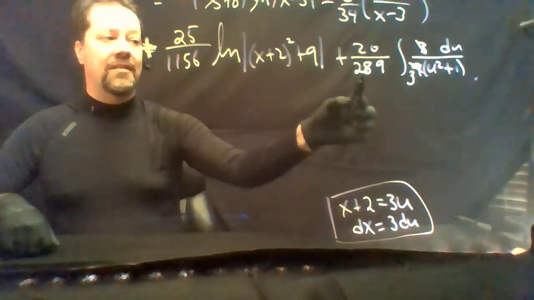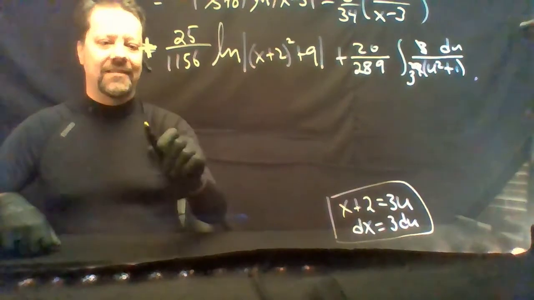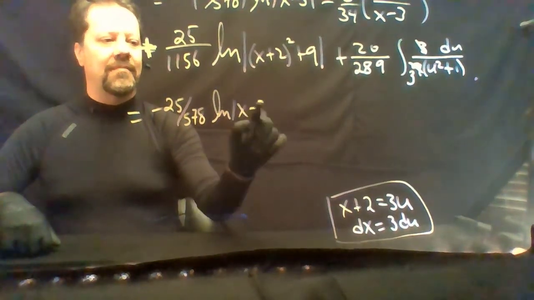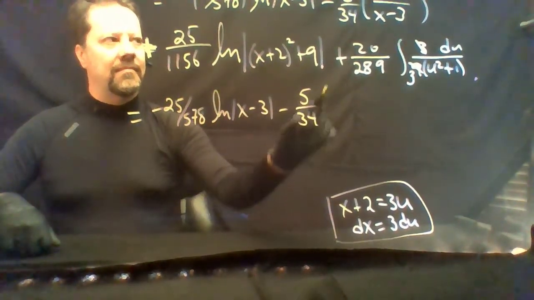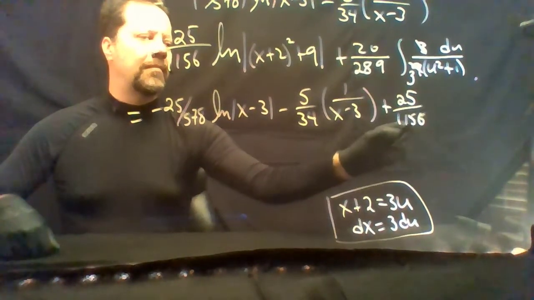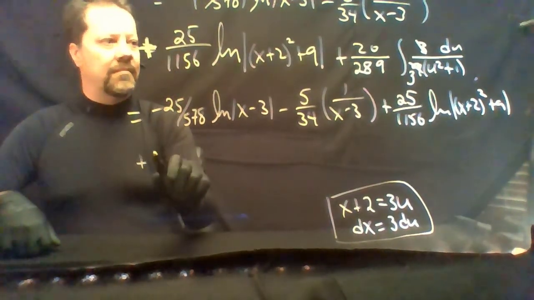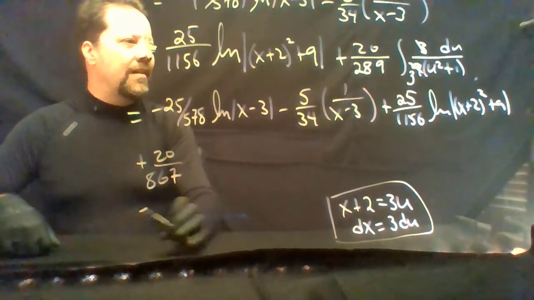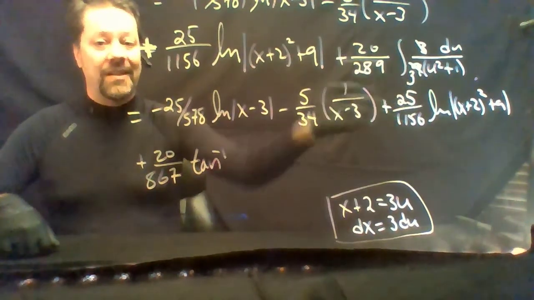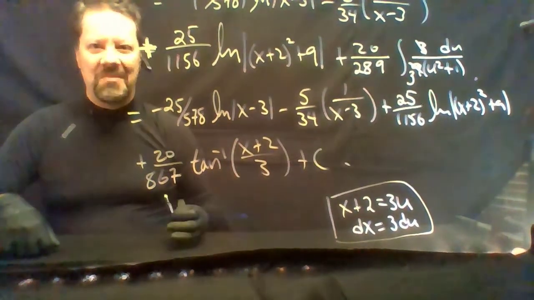We'll have 600 plus 240, that's 840, plus 27 is 867. And it's arctangent, because the integral of 1 over u squared plus 1 is arctangent of u. But u is x plus 2 over 3 plus c.